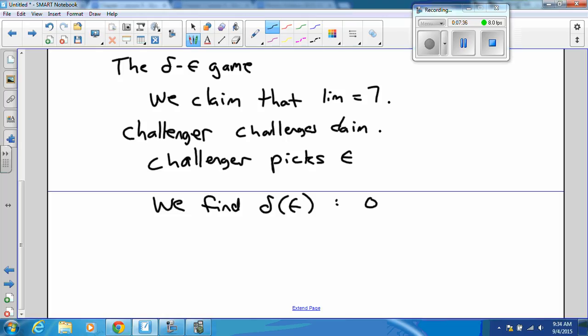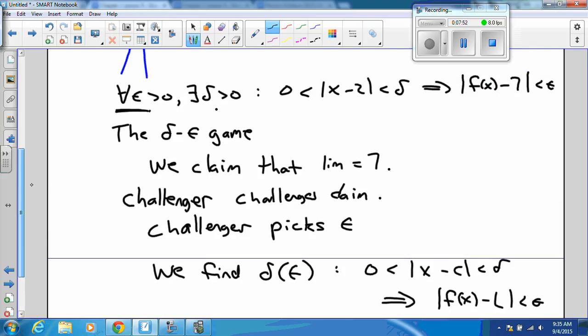We're going to find the delta as a function of that epsilon, such that whenever the x's are within delta of c, then the f of x's are going to be within epsilon of L.